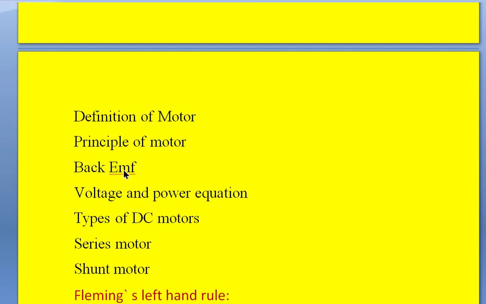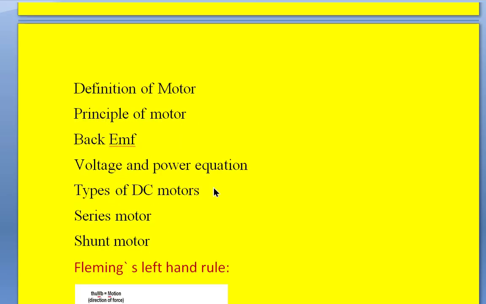Similarly, back EMF: when voltage is applied to any DC motor, to protect the armature it produces a back EMF which is almost equal to the applied voltage. And we have seen what the voltage equation and power equation are, and we also observed the condition for getting the maximum power from DC motors, that is, when the voltage drop across the armature resistance is equal to half the applied voltage.